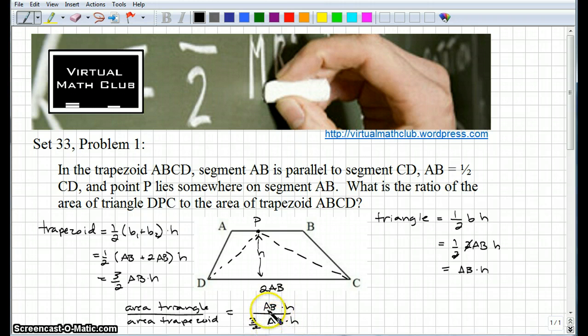And AB over AB is 1, h over h is 1, so we're left with 1 over 3/2, and the reciprocal of this fraction is just 2/3.